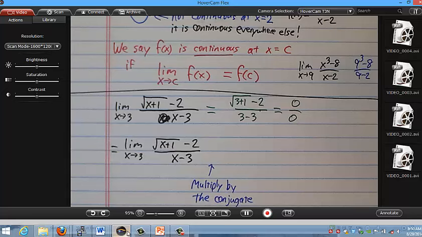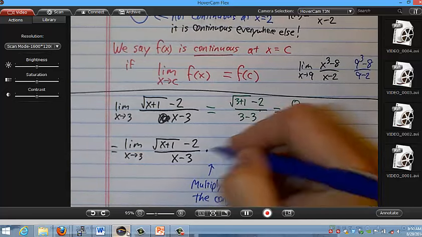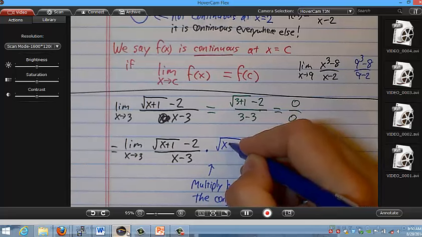How many of you learned that you're not supposed to have a radical in the denominator? Well, watch what happens in this problem. I multiply by the conjugate, and what's that do? It gets rid of the radical in the numerator and puts it where? Which helps. So it's kind of funny, that whole thing about no radical in the denominator.